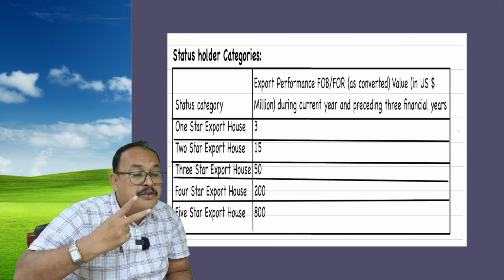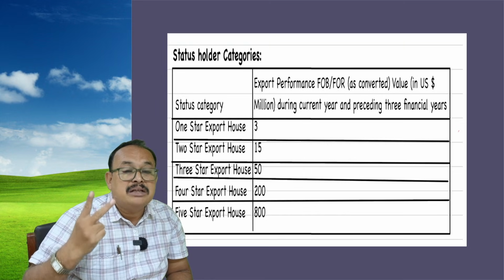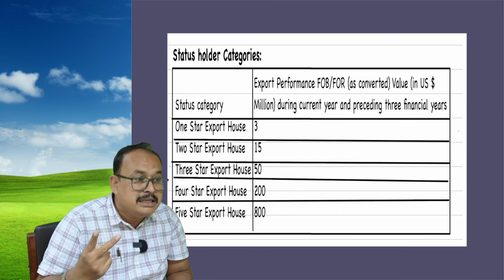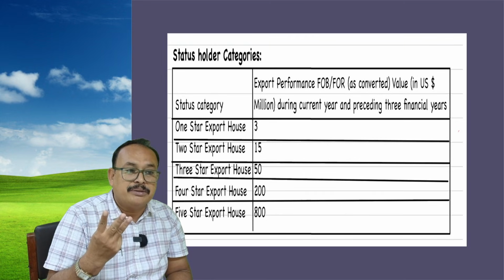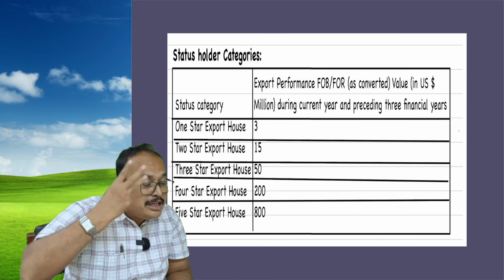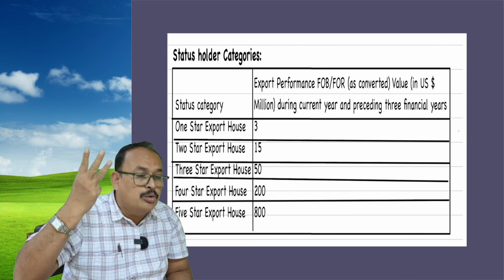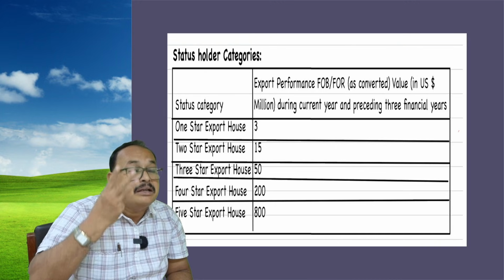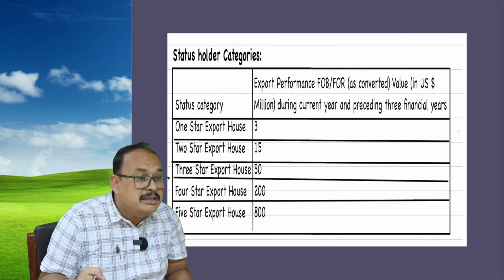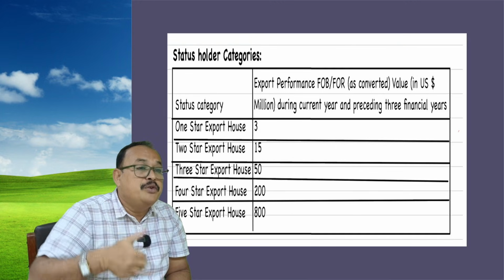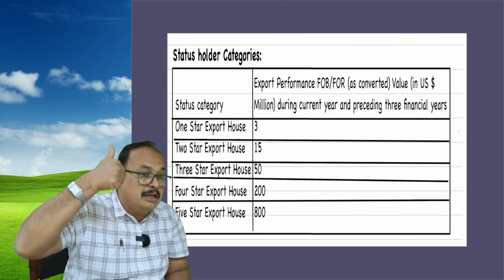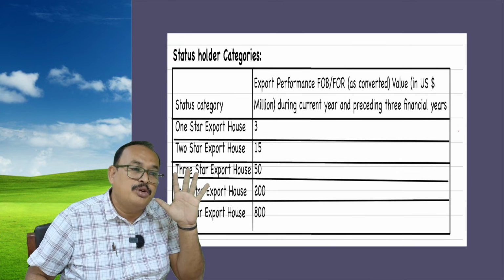If it is $50 million and above, but not touching $200 million, in that case, 3-star. If you are equal to $200 million and above, but not touching $800 million, 4-star. If you are touching $800 million and above, you are a 5-star export house.